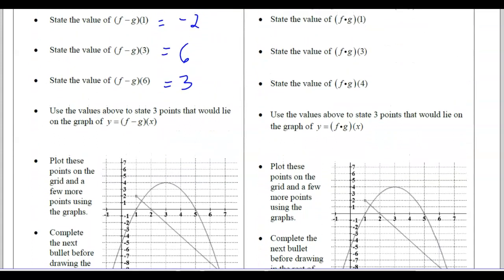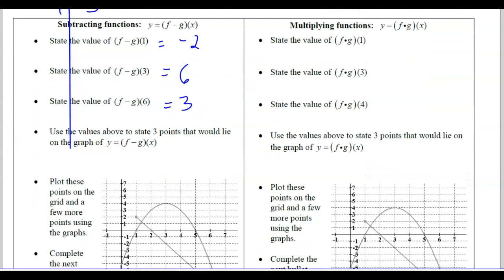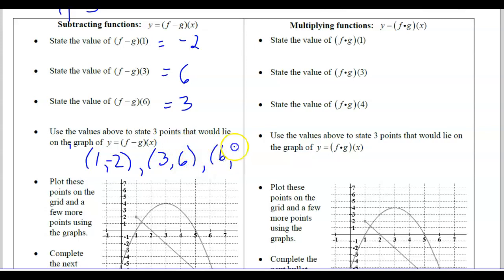So our 3 points here will, oh gosh, okay. That's going to be 1, negative 2, 3, 6, and 6, 3.